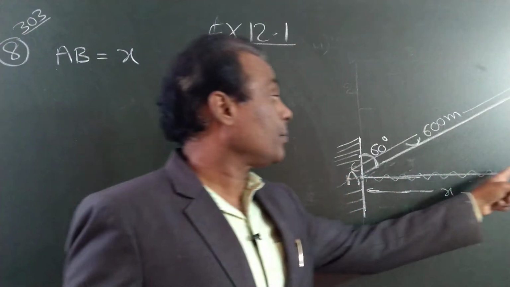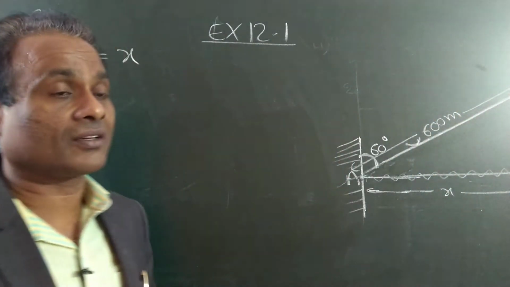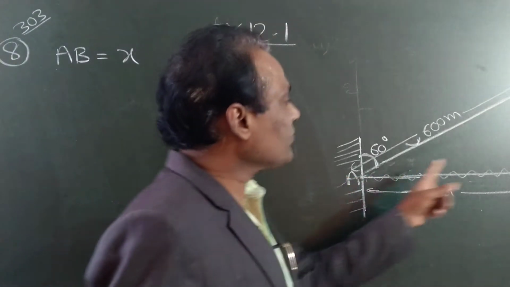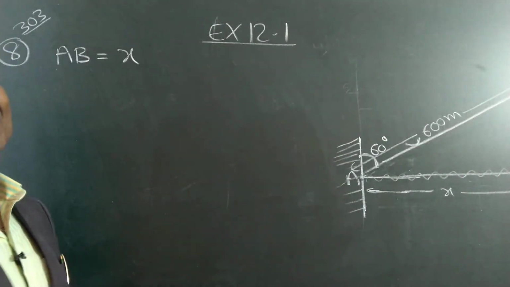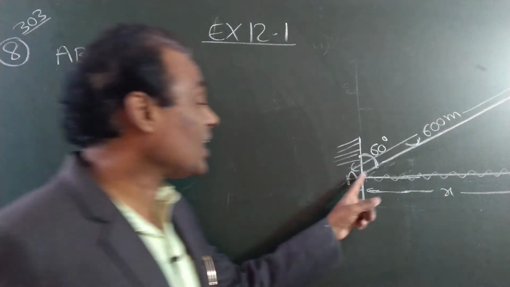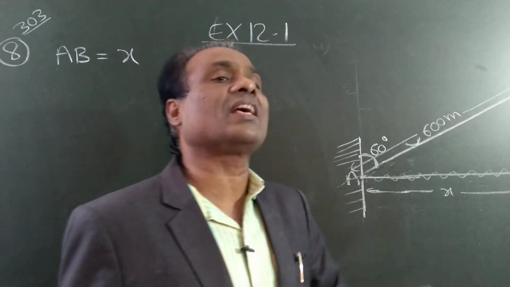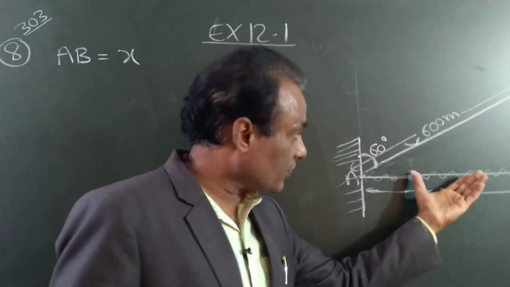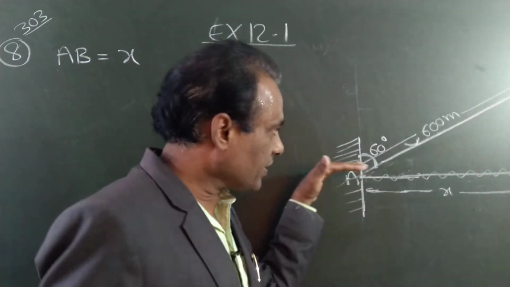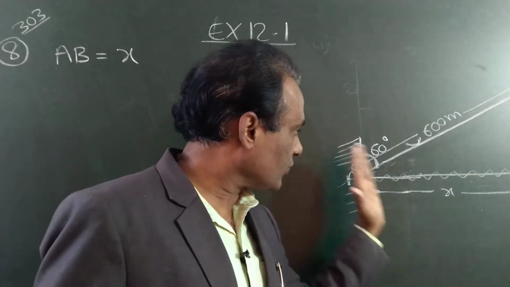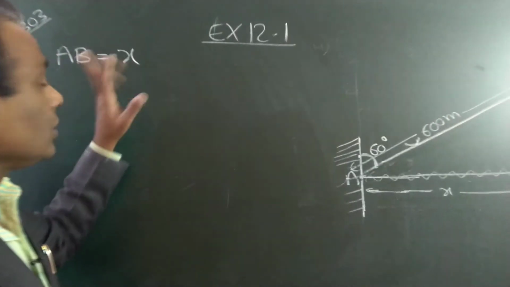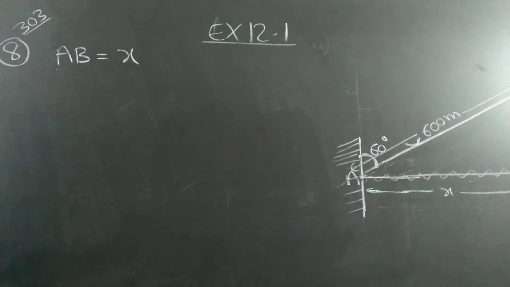Let the width of the river AB be equal to X. We are assuming this, and we have to find this X value. The river is not flowing like this, it is flowing like this. So this is one end, this is the other end.